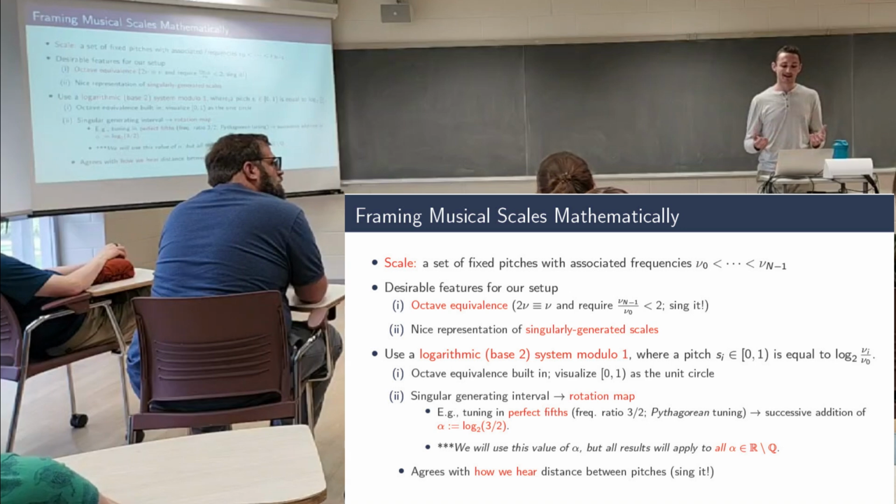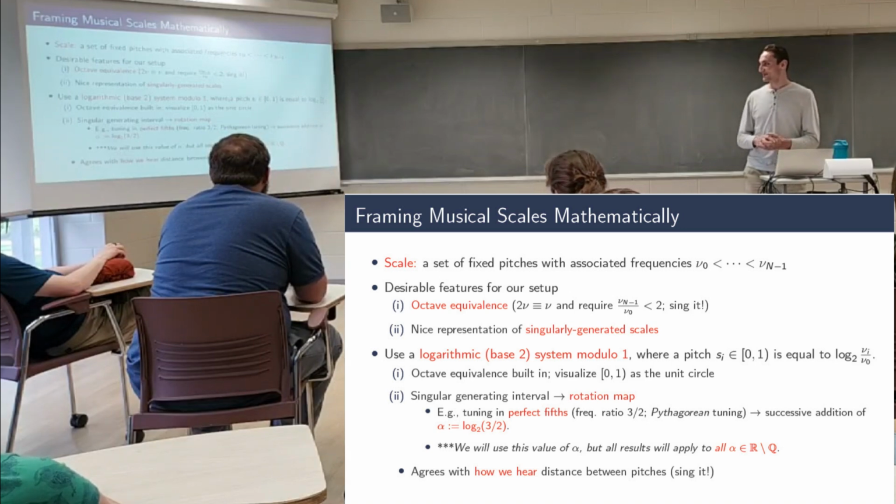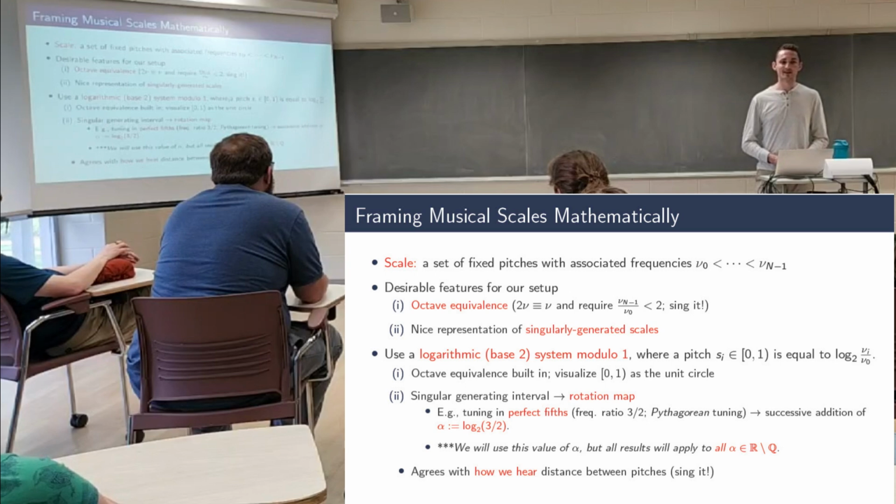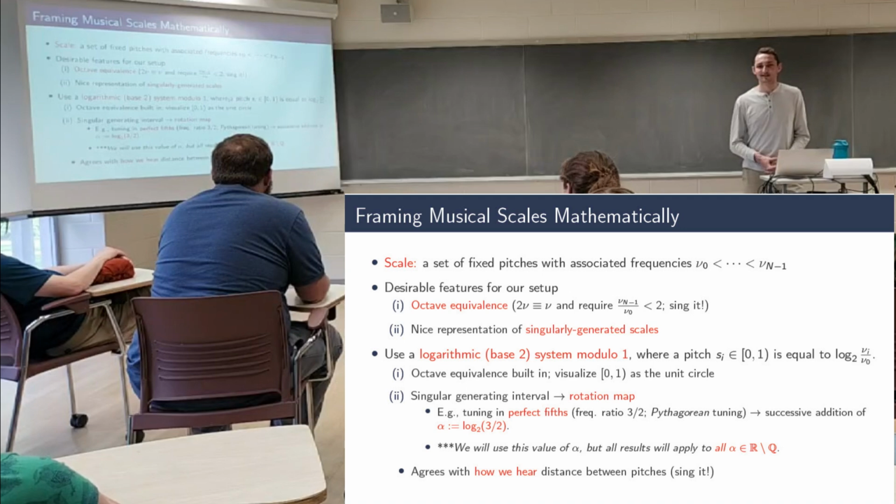And it turns out that a good system to build in both of these is, instead of working with frequencies directly, you take them log base 2 and modulo 1. So pitches become numbers in the interval 0 to 1, not including 1, and they're equal to the log of the corresponding frequency over the lowest frequency in the scale.